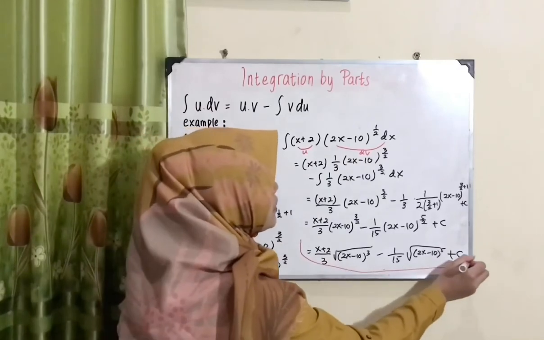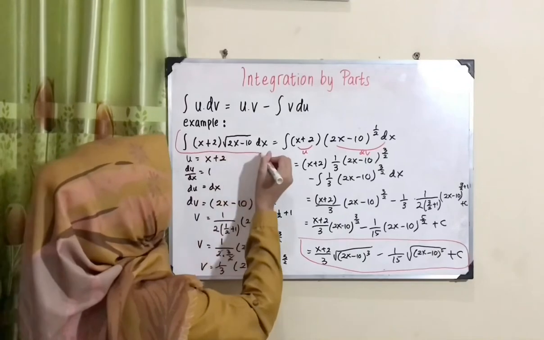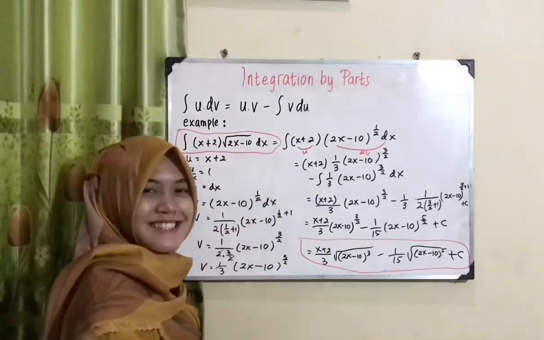This is the value of the integral of (x plus 2) times the square root of (2x minus 10) dx.